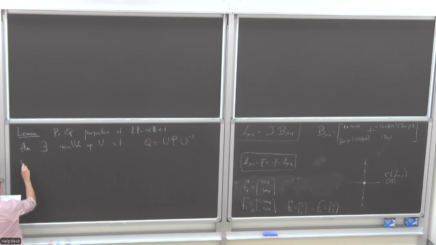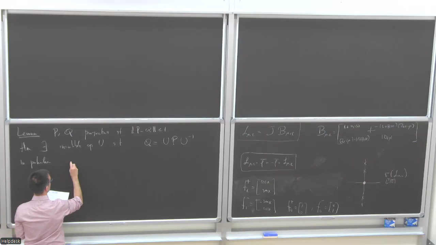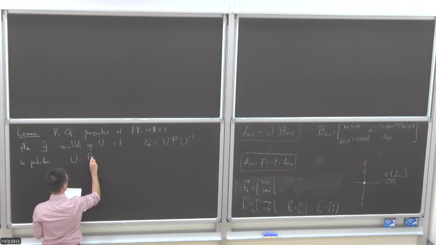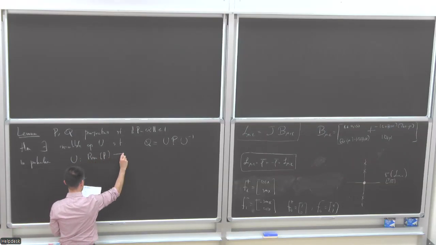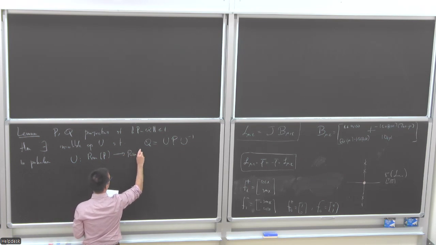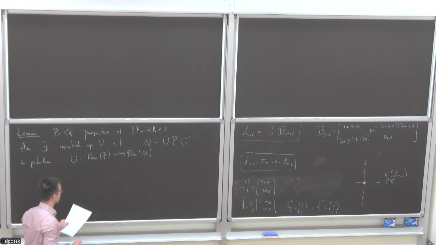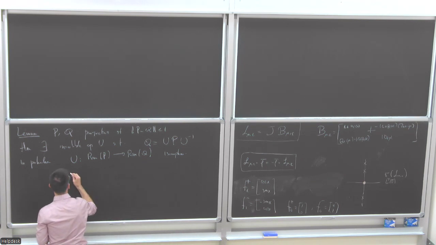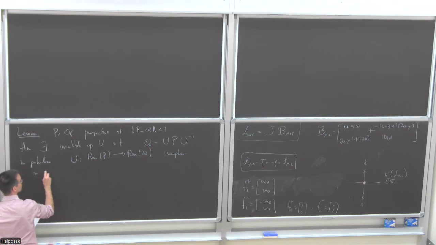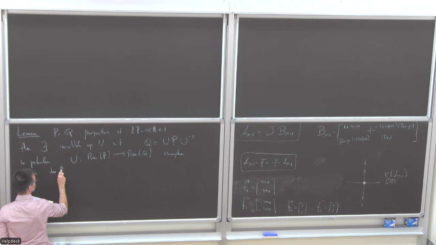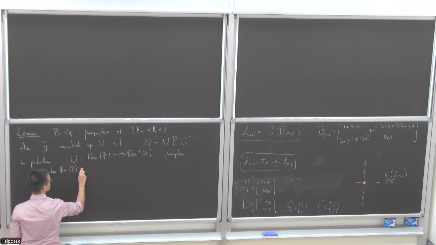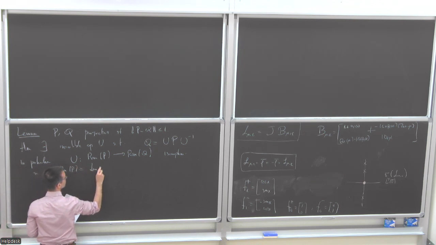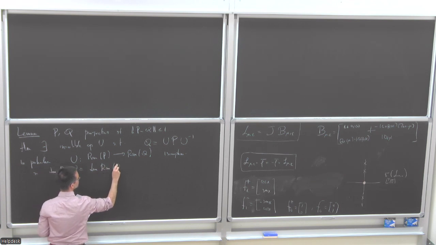In particular, U goes from the range of P into the range of Q, and it is an isomorphism. So in particular the dimension of the range of P is also equal to the dimension of the range of Q.